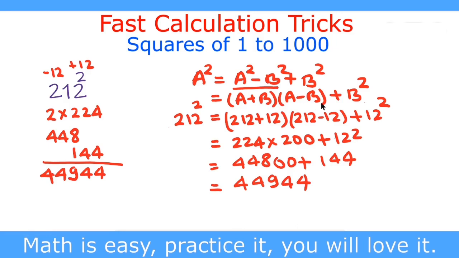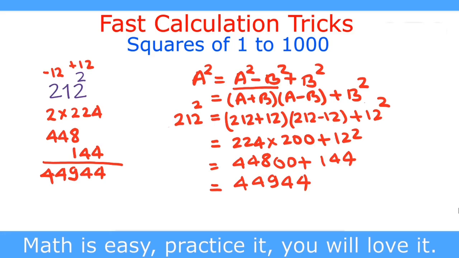Here we had taken the identity of a square minus b square and written a plus b and a minus b. We should choose b in such a way so that either a plus b or a minus b becomes the multiple of 100, or some easy number so that multiplication by that number is easy.